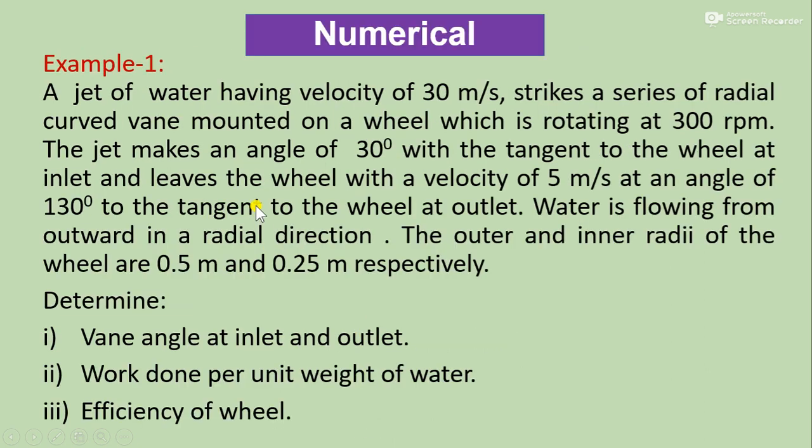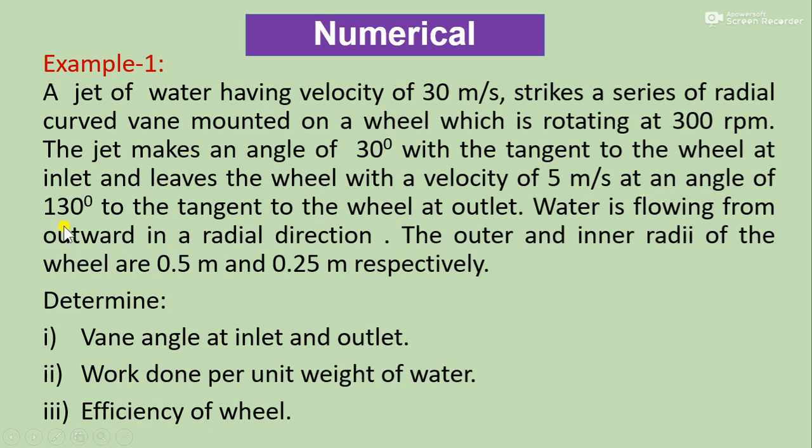Now we will see a numerical. For the first type of numerical, the statement is: a jet with velocity 30 meter per second strikes the radial curved vanes mounted on a wheel, and its speed is given as 300 rpm. The jet angle is 30 degree with a tangent, and it leaves with velocity 5 meter per second.